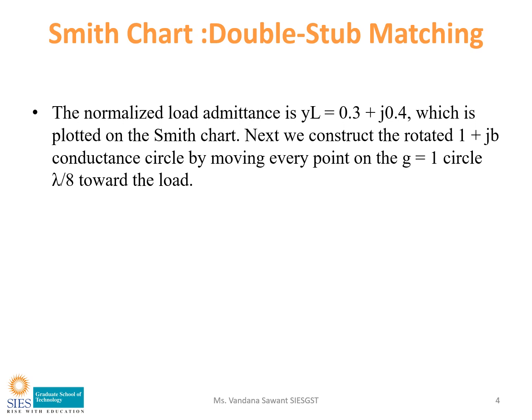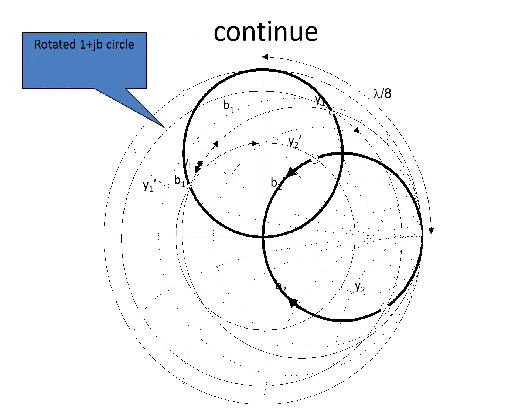That means we need to shift each and every point on the R equals 1 circle by a distance lambda by 8 towards the load. This can be done like this: from the center at 90 degrees, that is at a lambda by 8 distance, we need to draw a line.